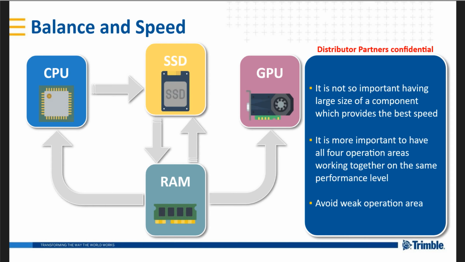So this is the key message I want to send over to you: it's not so important to have large sizes for each component. It's more important to avoid weak operation areas. Having a good balance and speed is the quite important message here.